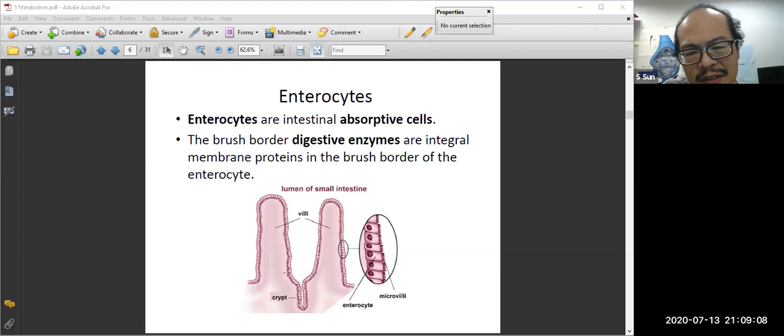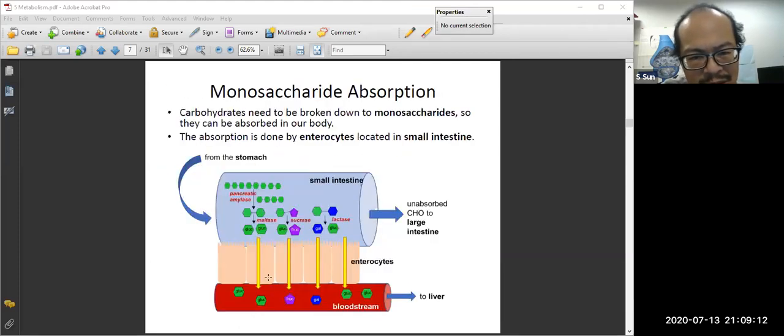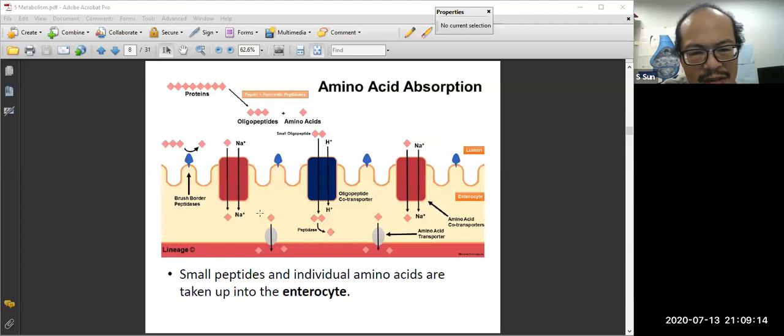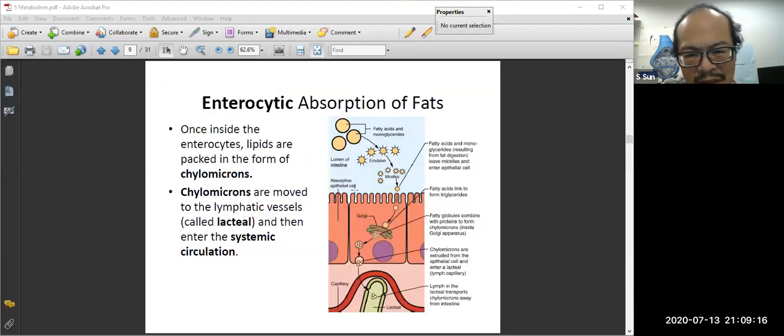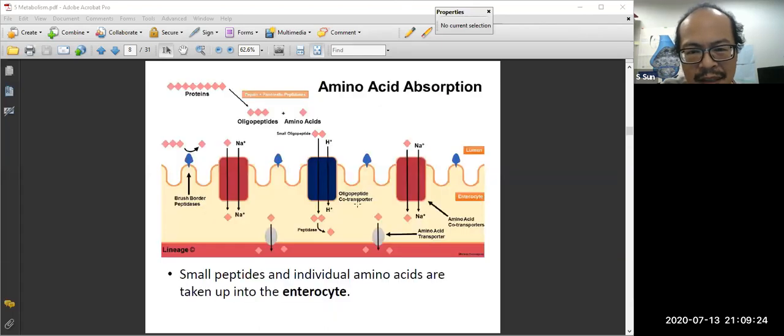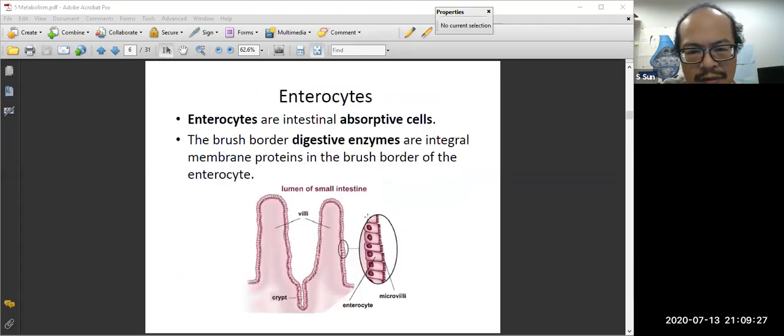It's right here, on the wall. Here is one of these enterocytes in the small intestine, and that is the cell that absorbs the nutrients. You can see that this is on top of it. That is one enterocyte.